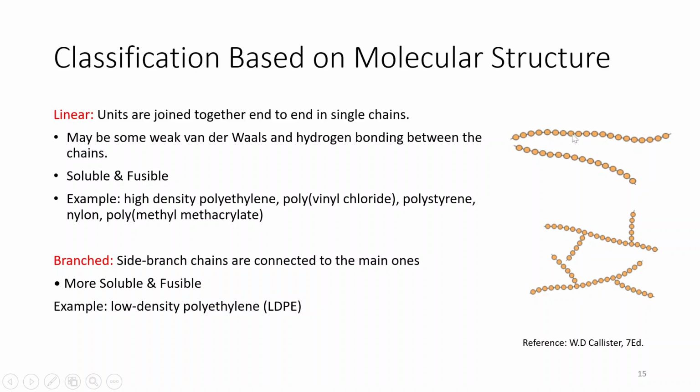Okay, so these are the linear type of structure. Linear, so your hydrocarbon chains are in linear structures, so there will be long chains forming. Then you have branch type of structure, so you will be having some branches that will be forming along the other direction compared to the main chain.